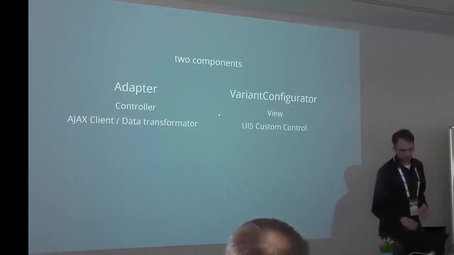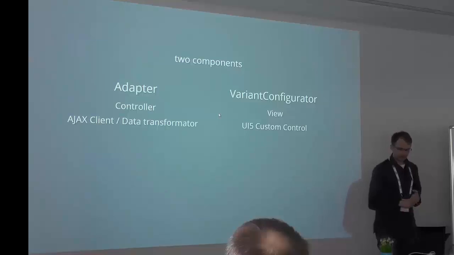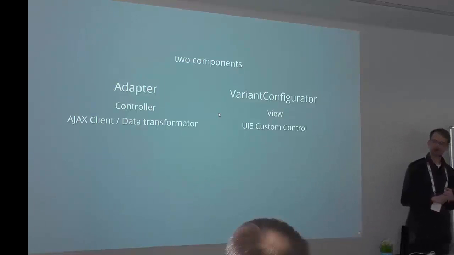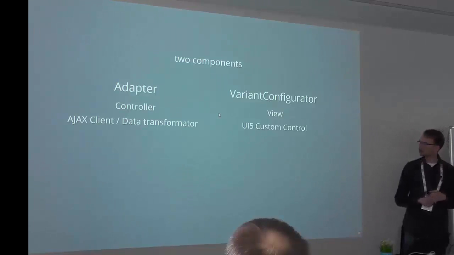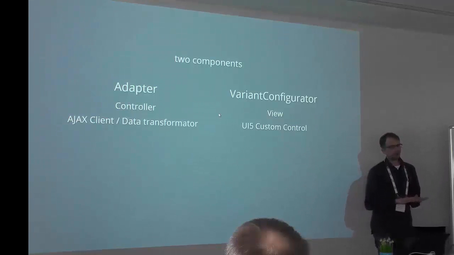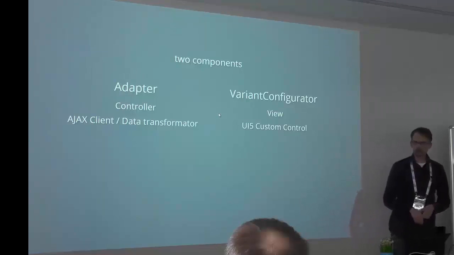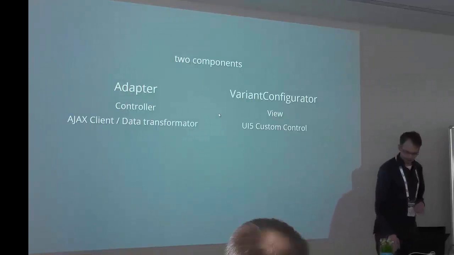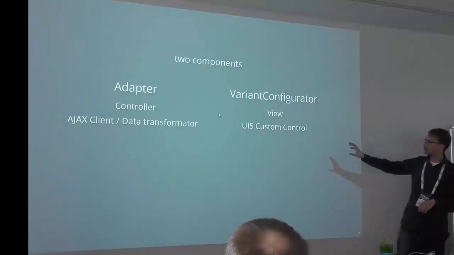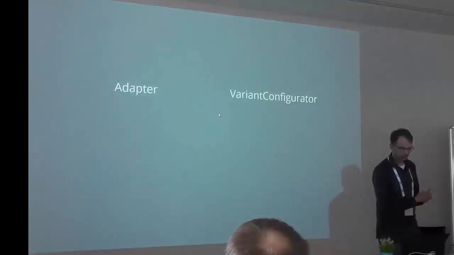And then there's a variant configurator, which is the view. It's a custom UI5 control, pretty much like we saw today. Yeah, basically that's the whole story. There are multiple implementations of the adapter, of course, because as I told you, there was this X-Direct layer and this new JSON RPC layer, so there's a different implementation for each. But the variant configurator can use either of them.